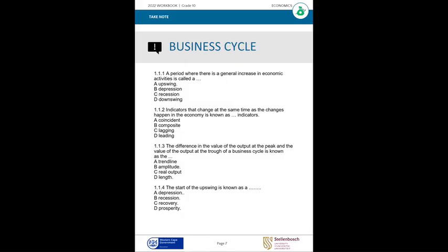We take different aggregates and we make it into one. So the only possible answer that I have there is A, which is the coincident indicator, right? So indicators that change at the same time as the changes happen in the economy is known as coincident indicators. So the correct answer there would be the letter A.